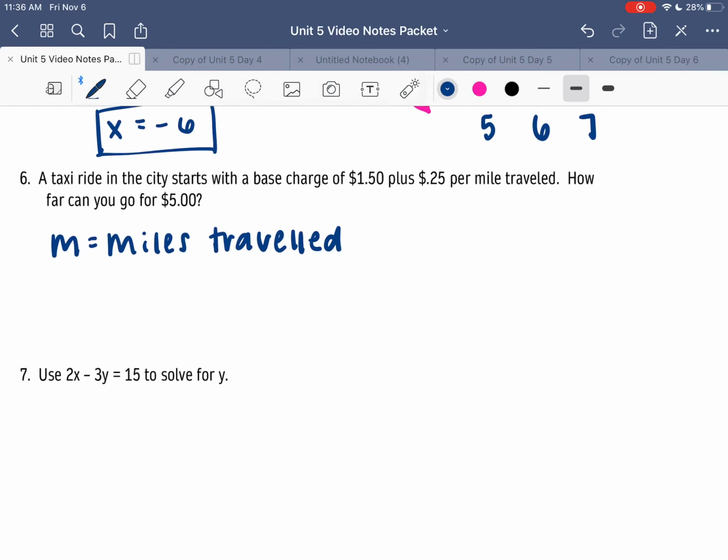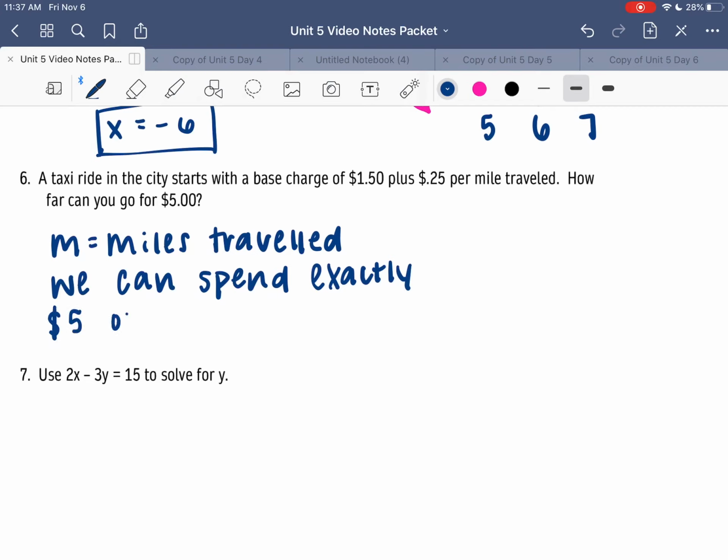If we want to go for $5, I'm going to say we can spend exactly $5 or less, because you don't necessarily have to spend all your money. If you interpret this reading as you do want to spend exactly $5, that would be okay. You would just use an equal sign, which is totally fine. I would say we would accept either if it's a little bit vague.